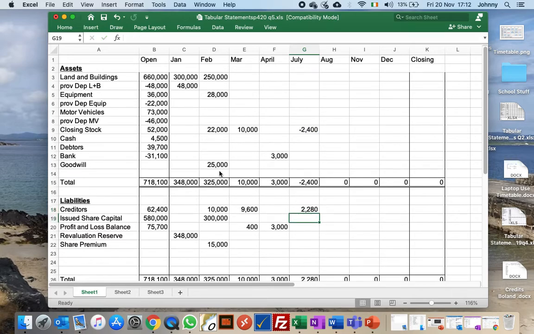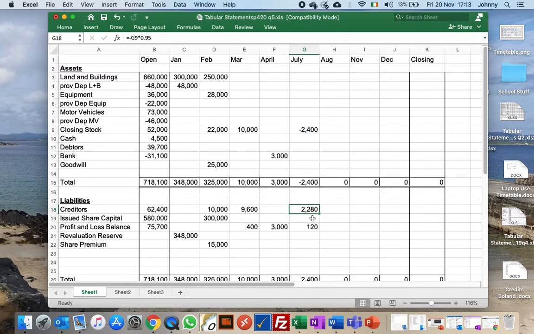So the creditors are going down by that. And the profit and loss balance then is going to be the difference, which is 120. That makes the two sides out to be the same. And remember, this profit and loss balance, by the way, is a minus. Sorry, that's a mistake of mine. Sorry, so the creditors, I owe 2,280 less, so that's going to have to be a minus number.